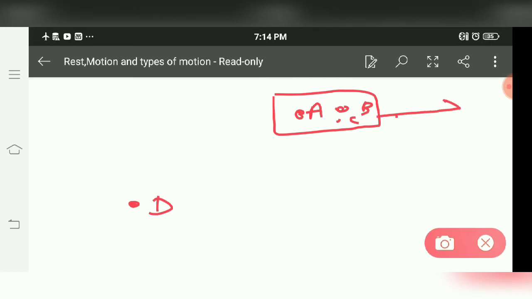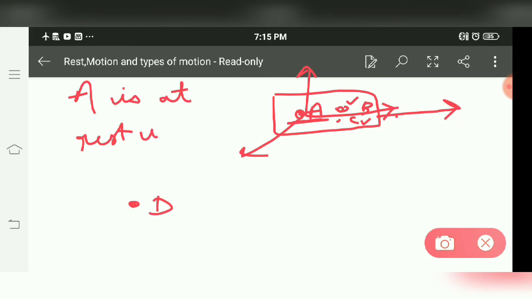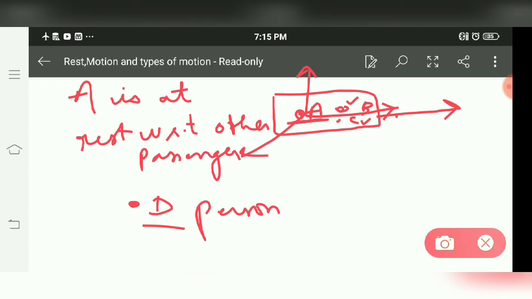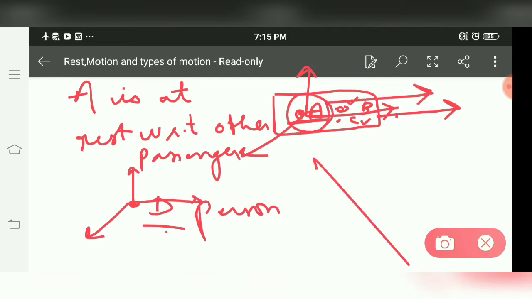Now if this train is moving in this direction, according to the other passengers B, C, A appears to be at rest. So if we consider a frame of reference associated with the train, according to that frame of reference, A is at rest with respect to other passengers. But according to a person standing outside, whose frame of reference is also associated with this person, this A is moving in this direction, so it is in motion.